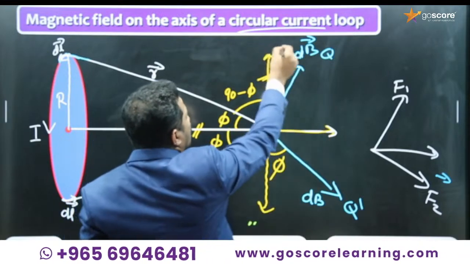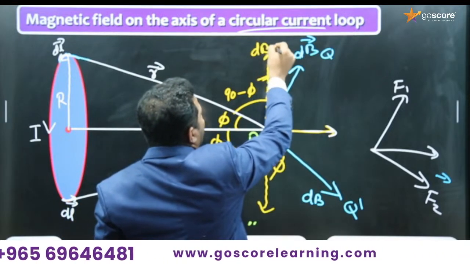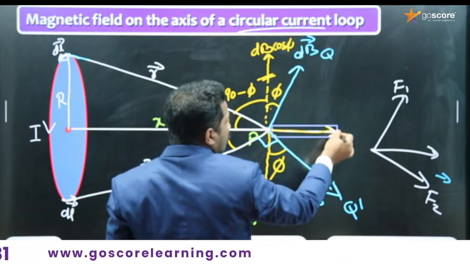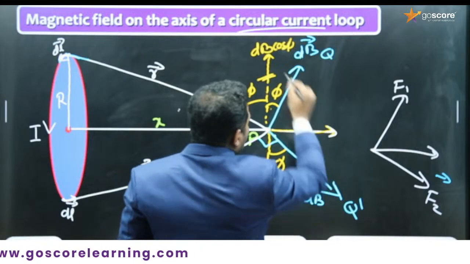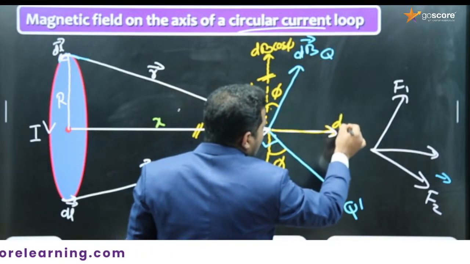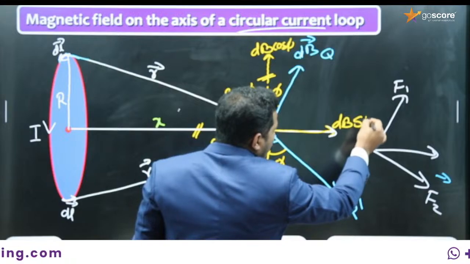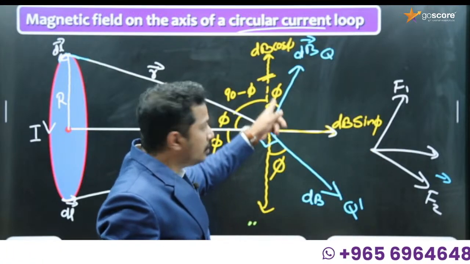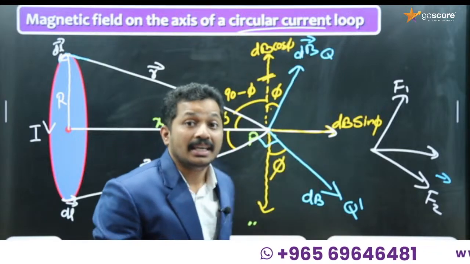So this will be the cos component, dB cos phi. And if this is cos phi, then this component will be dB sin phi, because this component is near to the angle, right? So this will be the cos component and this will be the sin component.